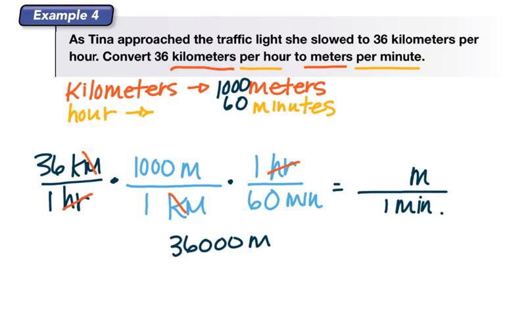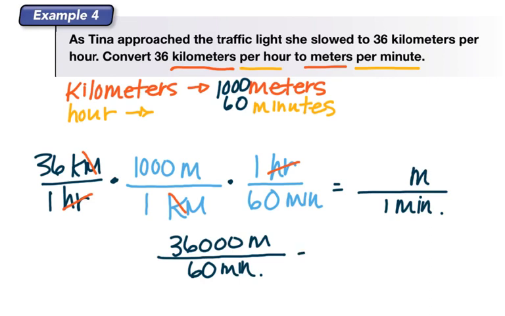Okay, 36,000 meters. 1 times 1 times 60 just gives me 60 minutes.